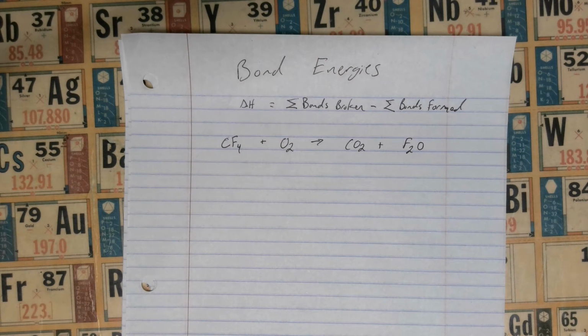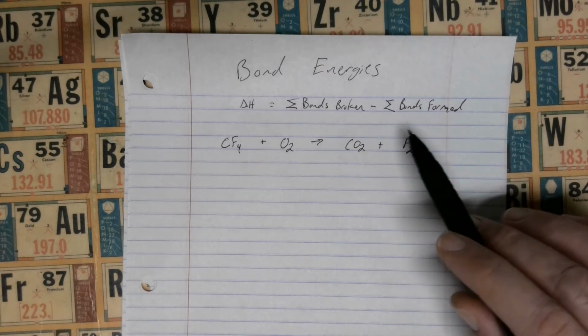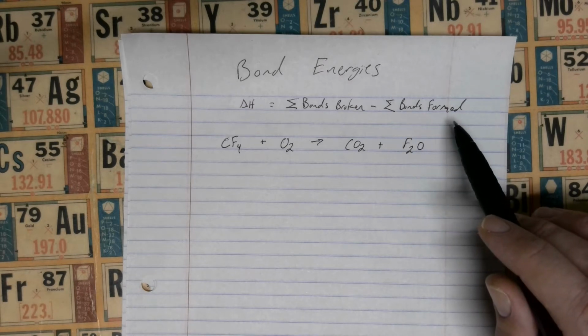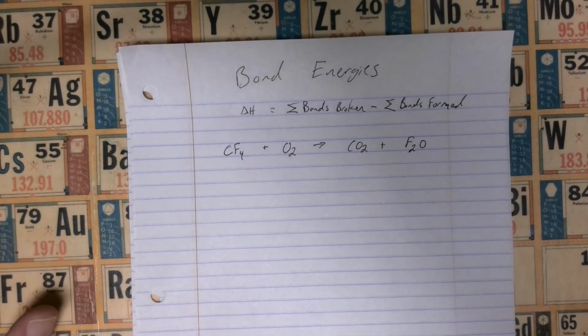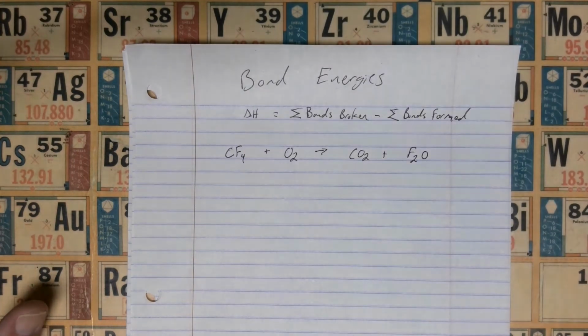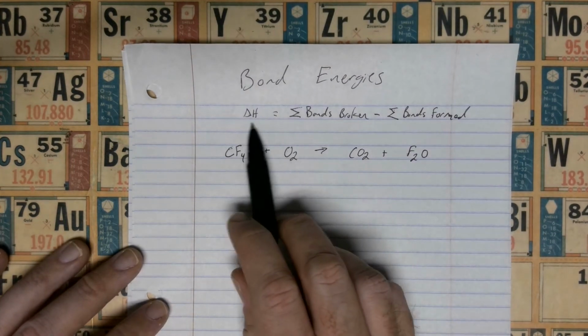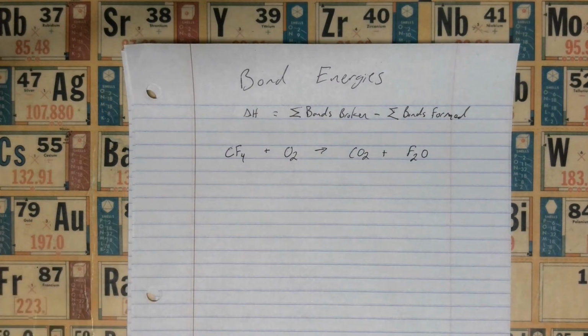What this is measuring is the amount of energy that is used to break a bond, and then the amount of energy released to form bonds, because that will then give us a total energy for the reaction. So delta H equals the sum of the bonds broken minus the sum of the bonds formed. So bonds broken minus bonds formed.